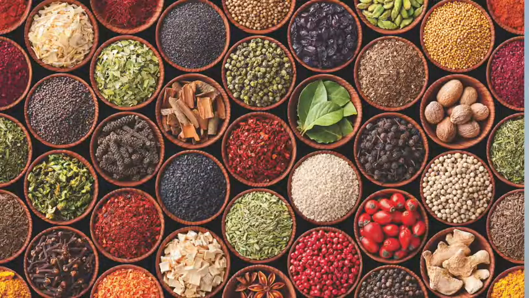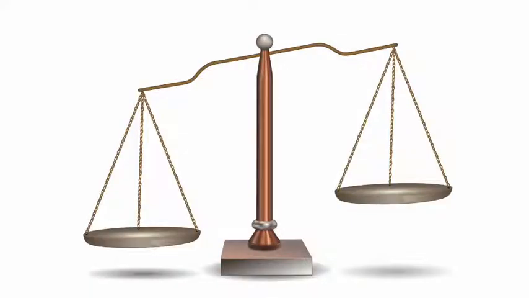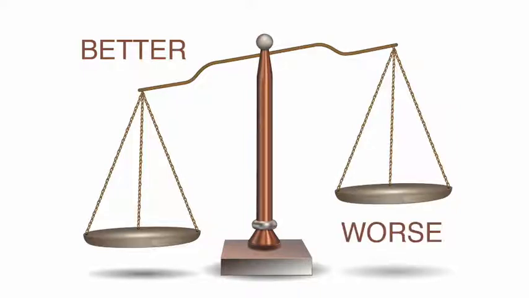Yes, I used the right spices, but I put in way too much pepper and way too little ginger. Yes, I said the right words, but my tone of voice was all wrong. Many of our mistakes and much of our bad thinking is because we are like a scale that only measures one thing. What weighs more is better, what weighs less is worse.